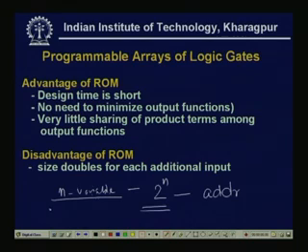So, these are n variables, or we can say address lines. So, for n address lines, there are 2 to the power n such places.